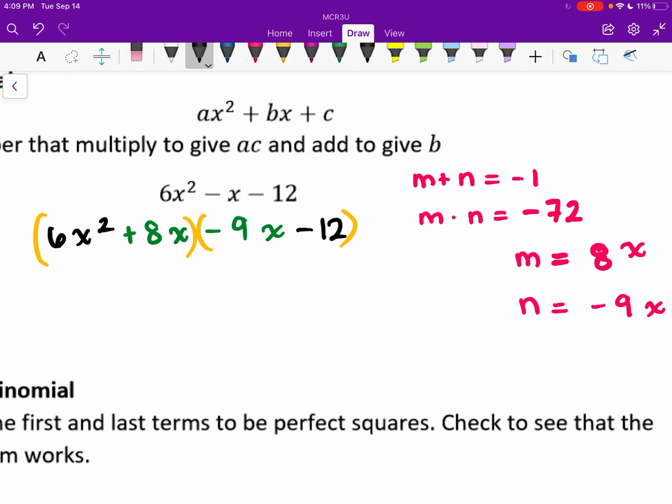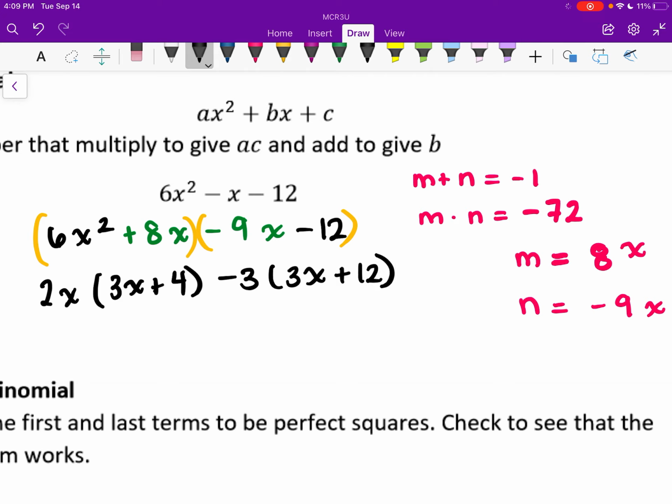Let's pull out from this one. We can pull out a 2x, right? And I'm left with 3x plus 4, right? Out of this one, I can pull out a -3, and I'm left with -3, positive 3x plus 12, right?